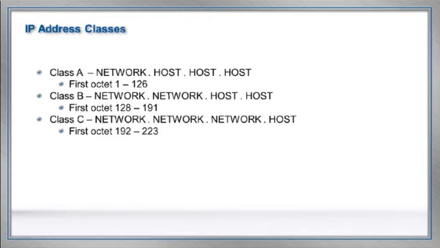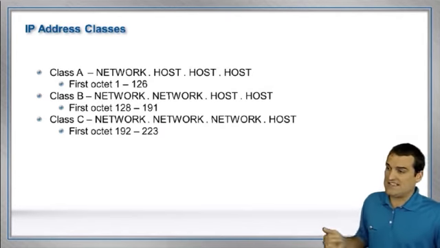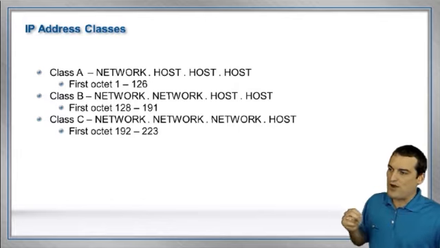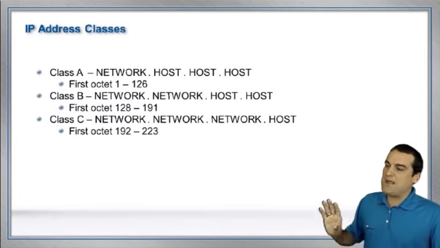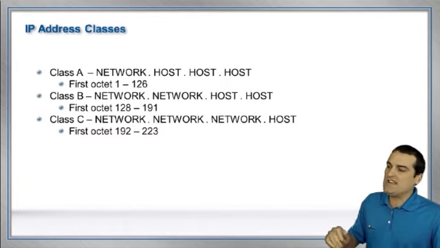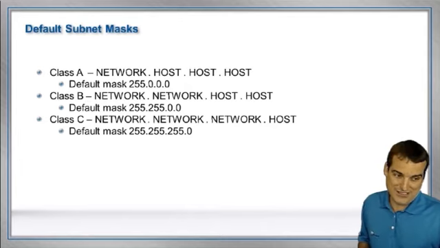Remember when we had our Class A, Class B, and Class C networks, with there being a network, host, host, host in Class A, and network, network, network, host in Class C, for instance? Well, notice that the subnet masks for these default classes follow that logic.